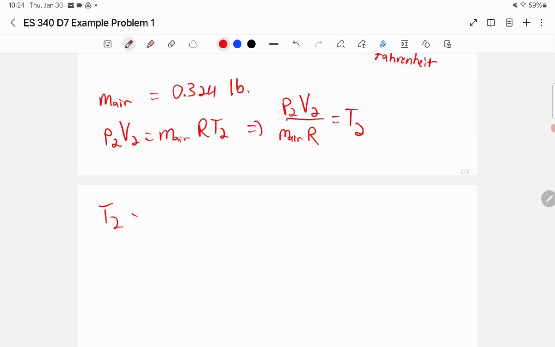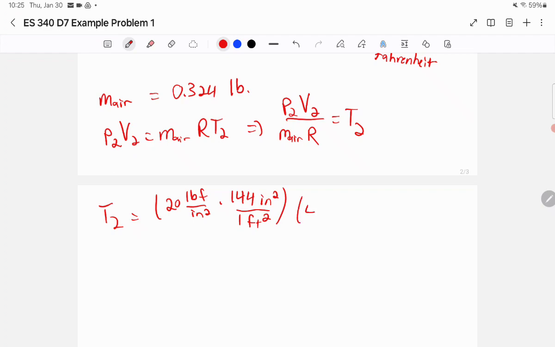So T2, substituting the pressure values, so we had 20 pound force per inch squared from the problem times 144 inches squared per foot squared. That's just to get it into pound force per feet squared.